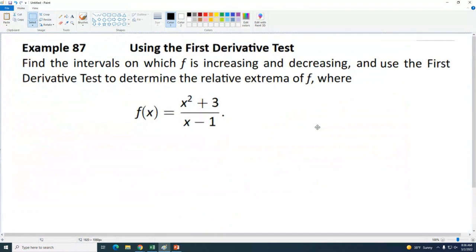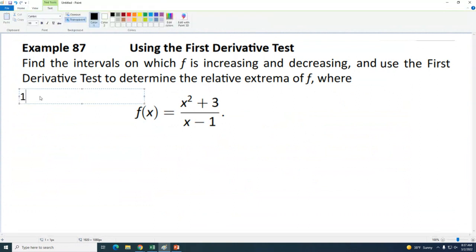All right, we are going to do exactly the same as what we did for the other question. On top of that, we're also going to determine if we have a max or min. Here we have the function. We're going to follow the steps we talked about before. Step 1 is to find the critical points.